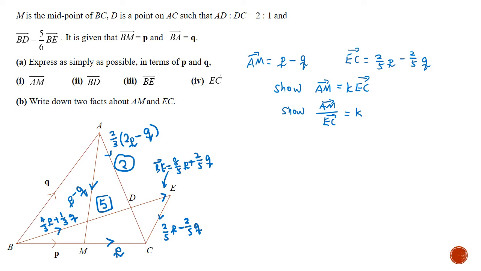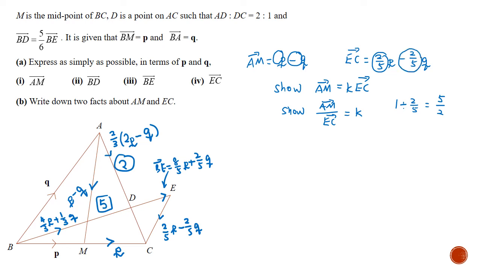And how do we do that? We will look at the coefficient of P for AM and the coefficient of P for EC. And we will have 1 divided by 2 over 5, and it will give us 5 over 2. Next, we will look at the coefficient of Q for AM and the coefficient of Q for EC.